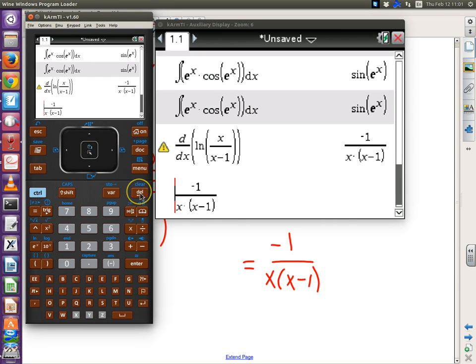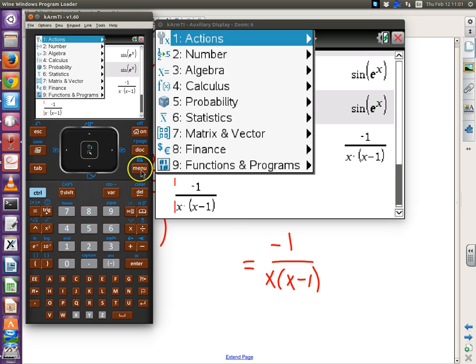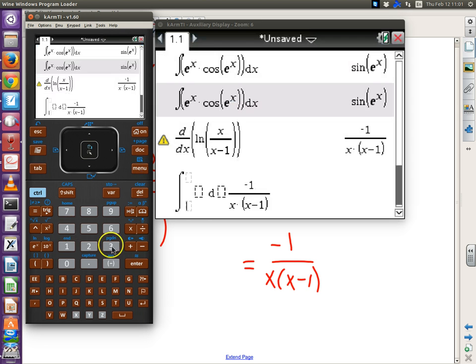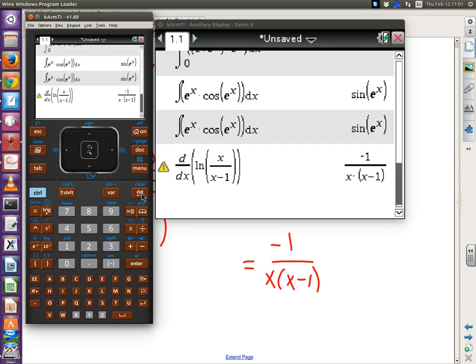Menu, calculus, integral. No. That's a pain. There's got to be a way to cut and paste it. Hang on. Control, delete is clear that one, right? Okay.